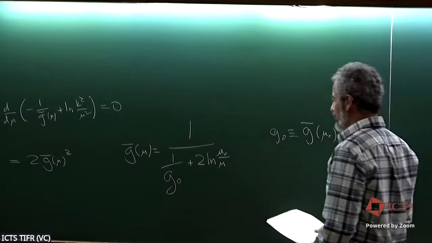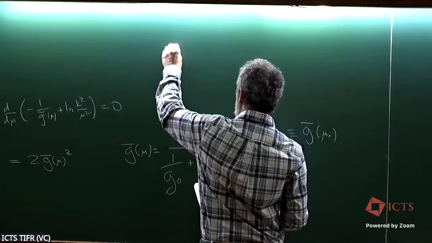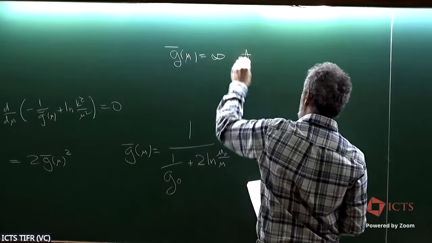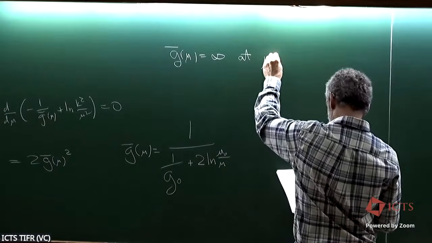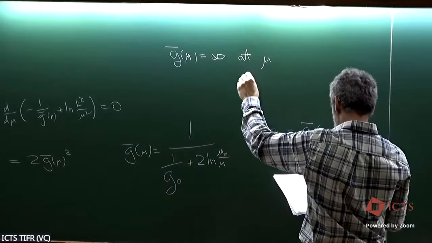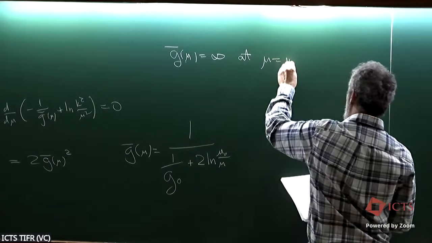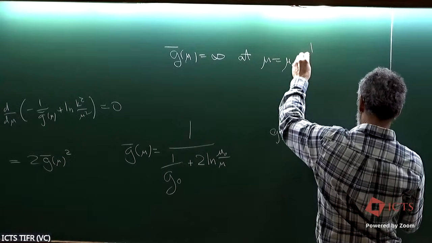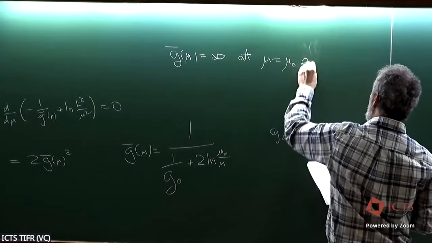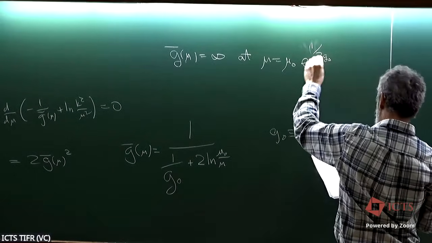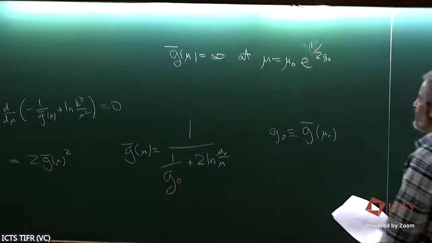And therefore, G bar blows up at a scale mu equals mu naught times e to the 1 over 2 G naught.